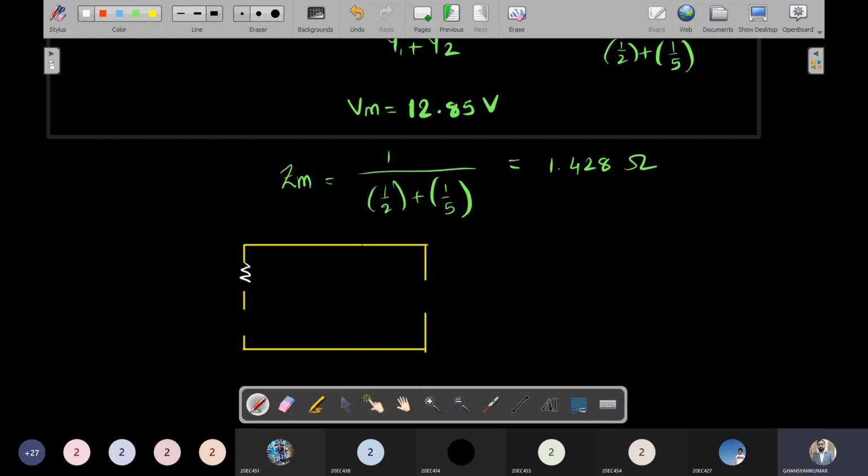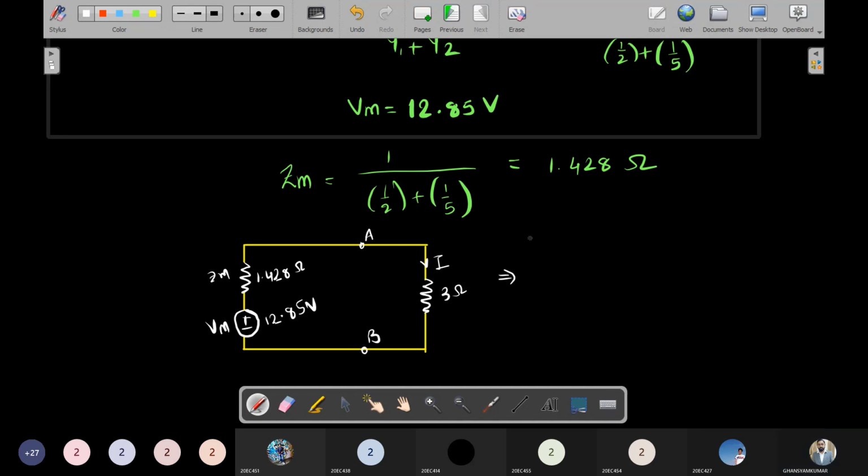This is what we have got: Zm is 1.428 ohm, and Vm is 12.85 volt, which we have already derived. Over here it is 3 ohm, and the current flowing through it is I. This is terminal A and this is terminal B.